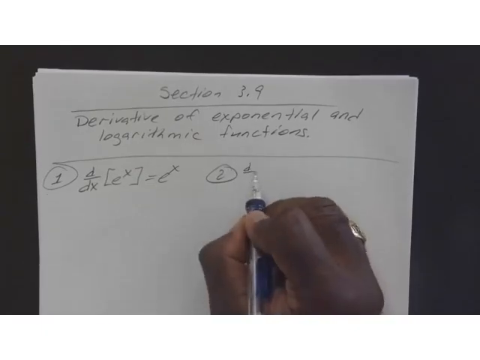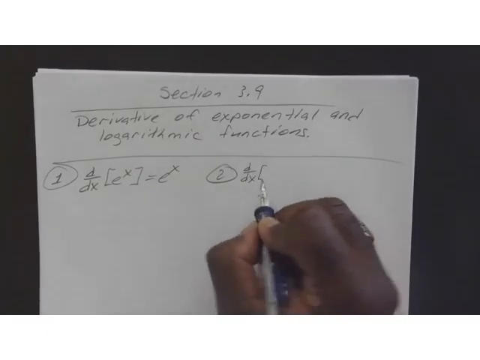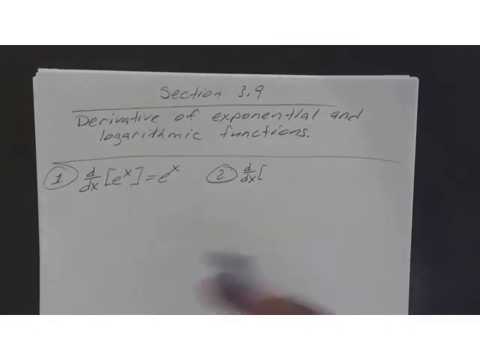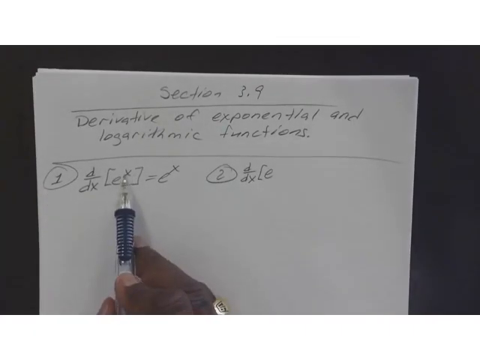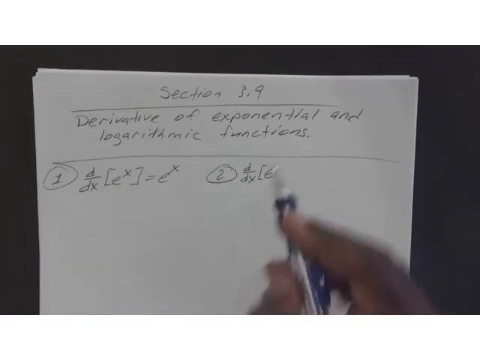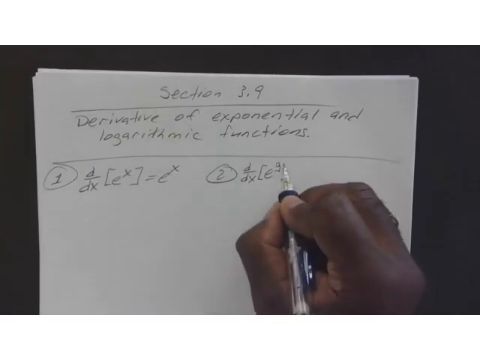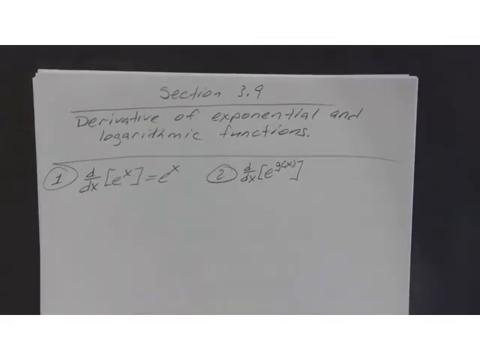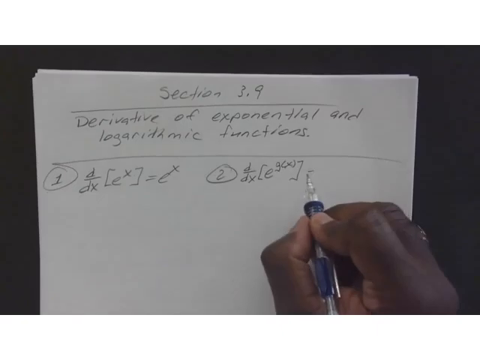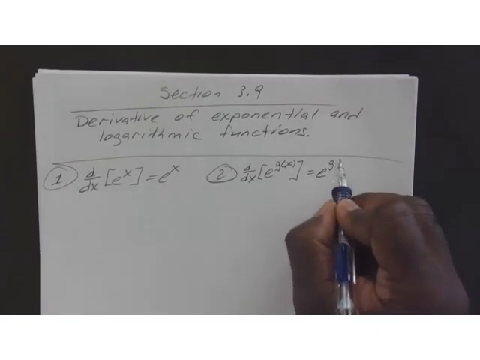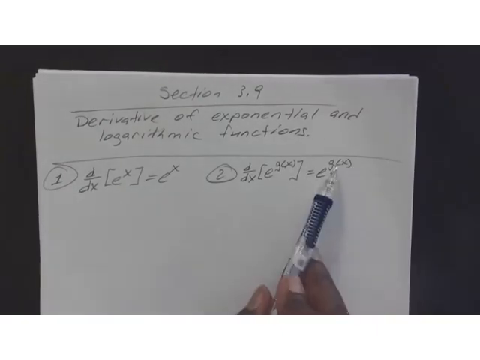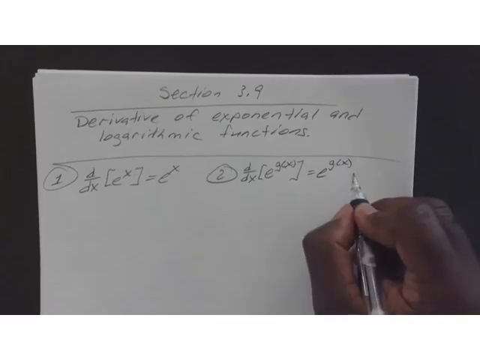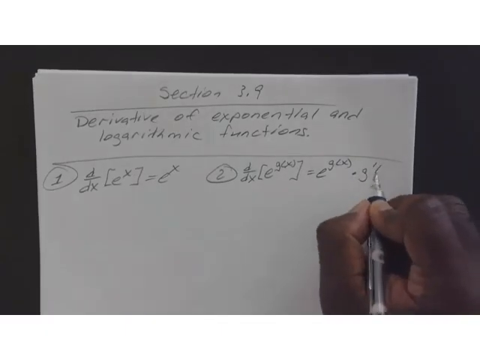And if we have the derivative instead of e to the power of x, what if you had e to the power of x squared plus 5 or something like that? Or any function that we will call g of x. Well, that's just equal to e to the power of g of x times the derivative of that exponent. So times g prime of x.